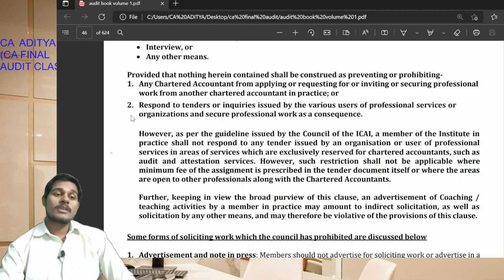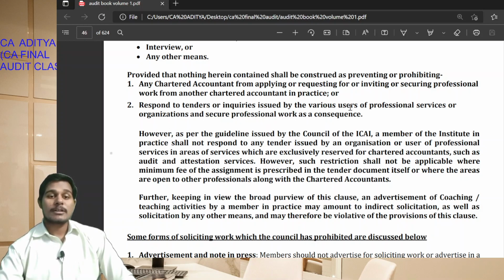That is, these 2 points say that a chartered accountant will not be guilty of misconduct if he enters into these 2 agreements: applying or requesting or inviting and securing professional work from another chartered accountant. See students, a chartered accountant can secure professional work from another chartered accountant. Then in such case he will not be guilty of professional misconduct.